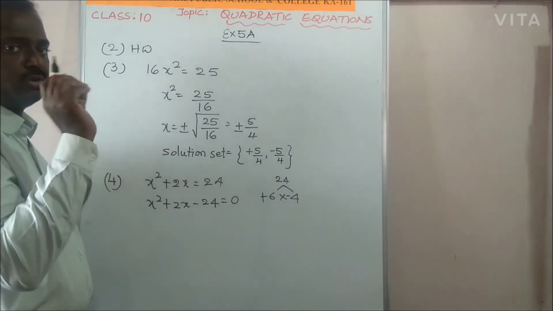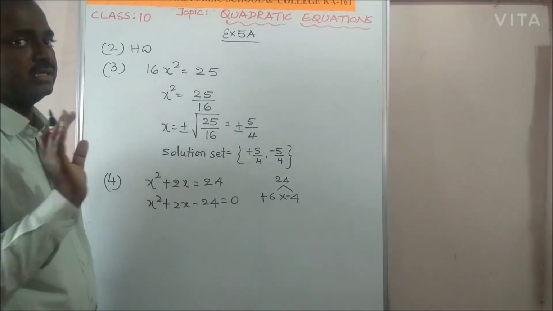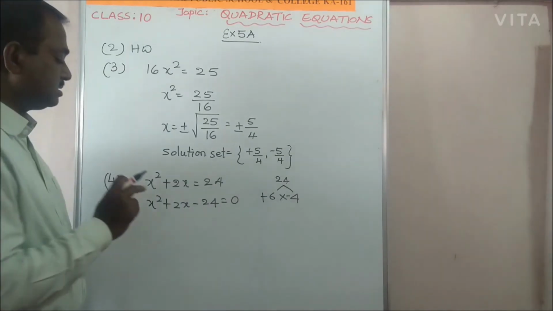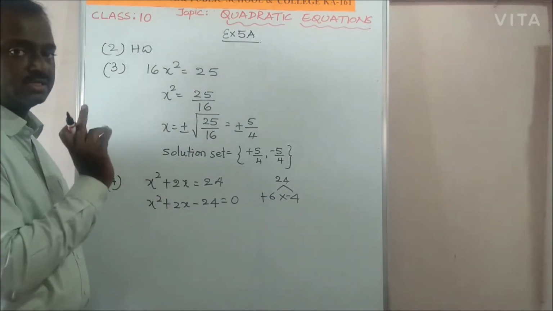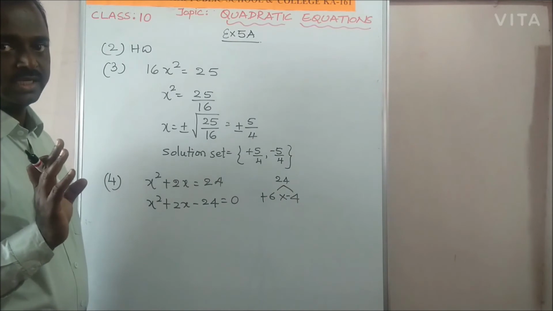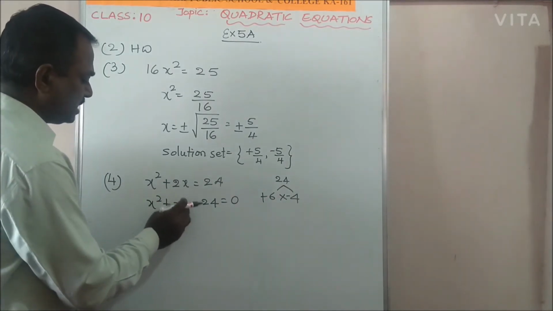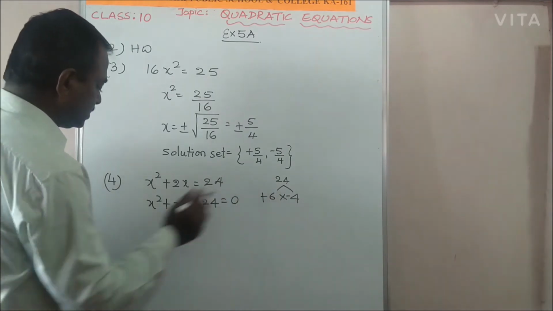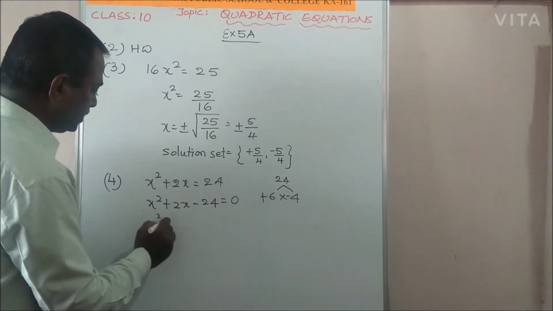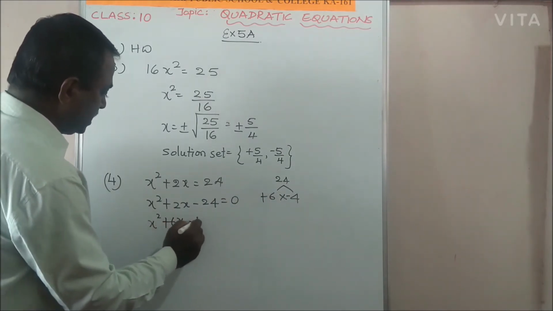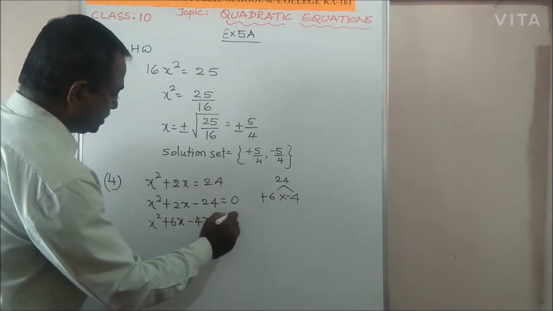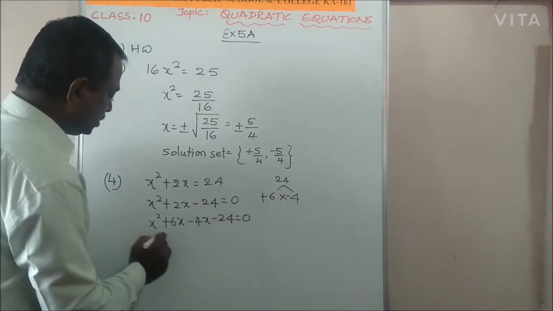So the sign should be very careful here. What is the sign with the middle number? That sign should come first. Correct? Now I will split 2x into two numbers. That is x square plus 6x minus 4x minus 24 is equal to 0.